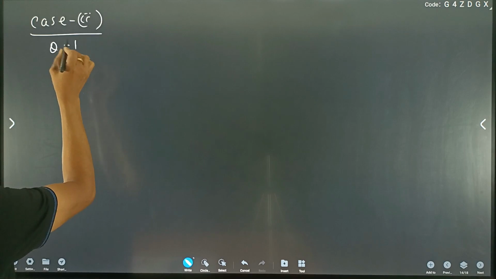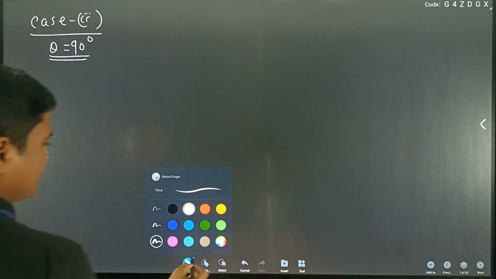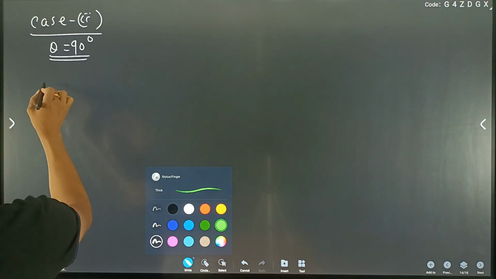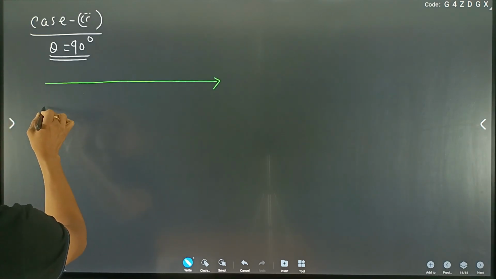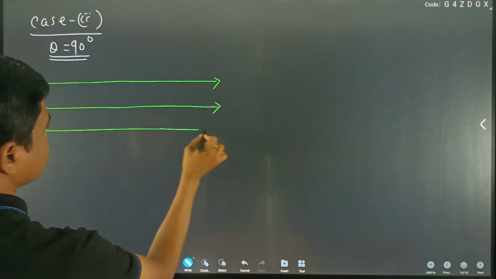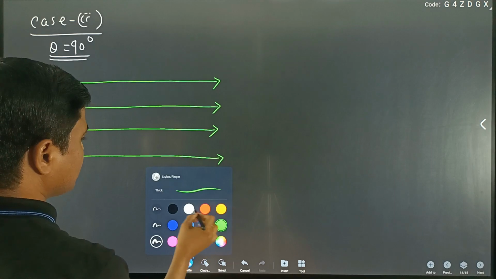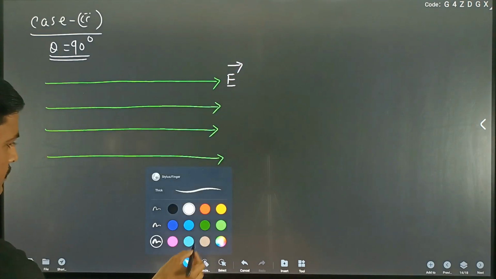Suppose theta is equal to 90 degree. If theta is equal to 90 degree, the situation is just like this. Suppose these are the electric field lines, and this is the direction of the electric field, E vector.